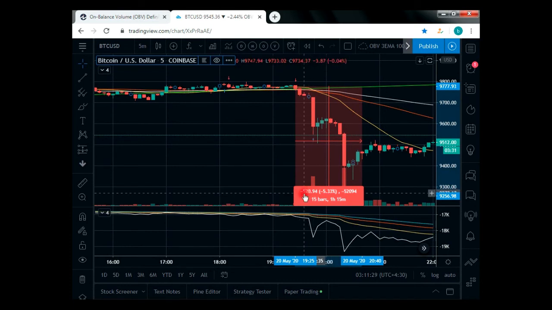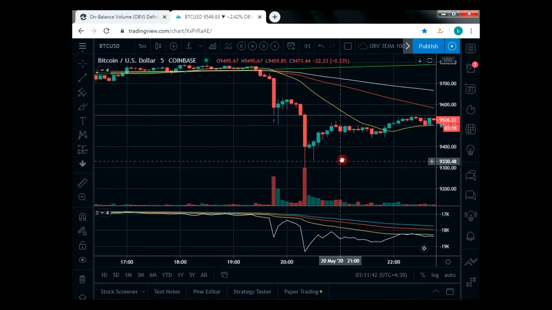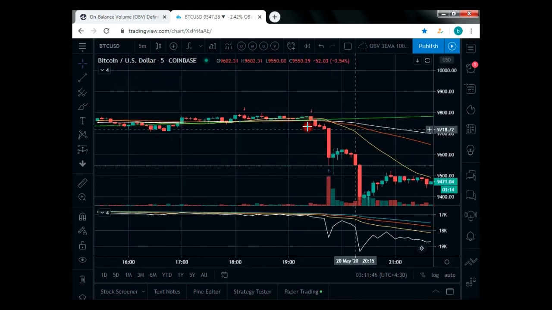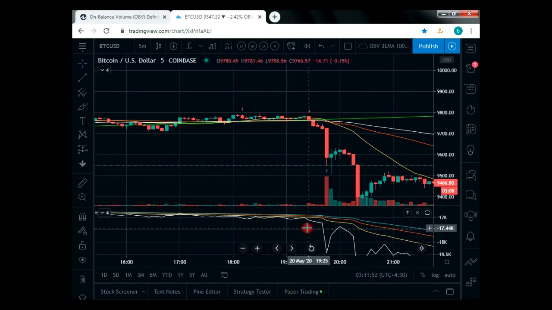I might earn 260 on one trade, and it only happened in 1 hour and 15 minutes. Okay, it's a reasonable profit, all based on triple EMAs on unbalanced volume.